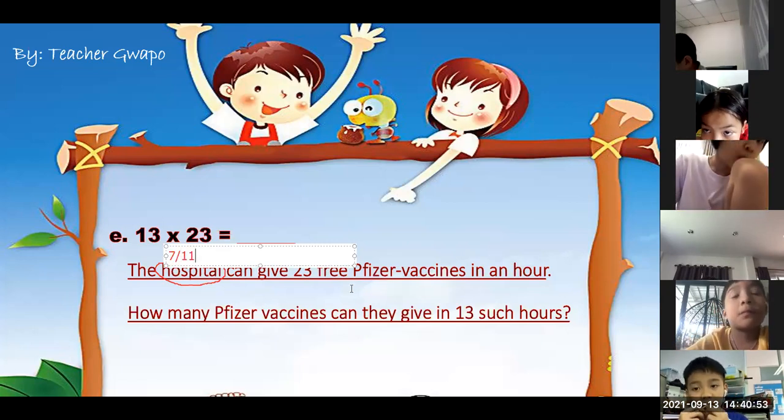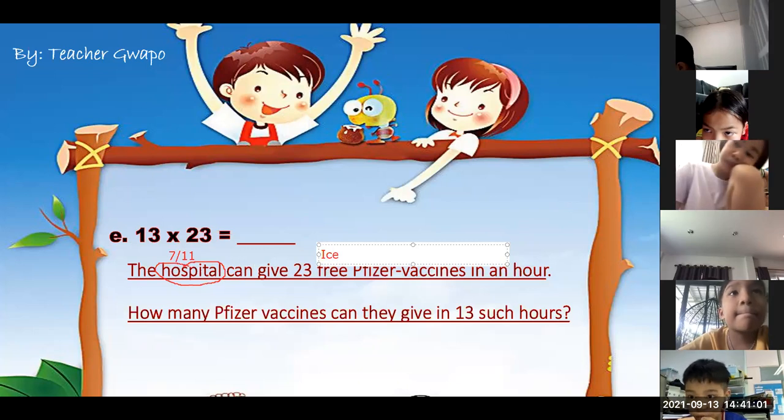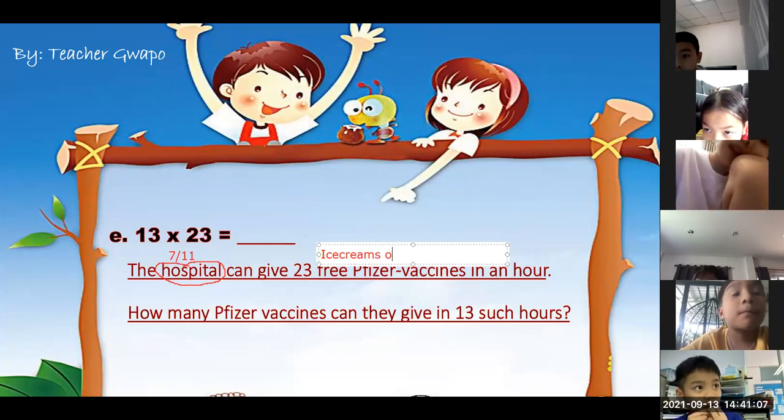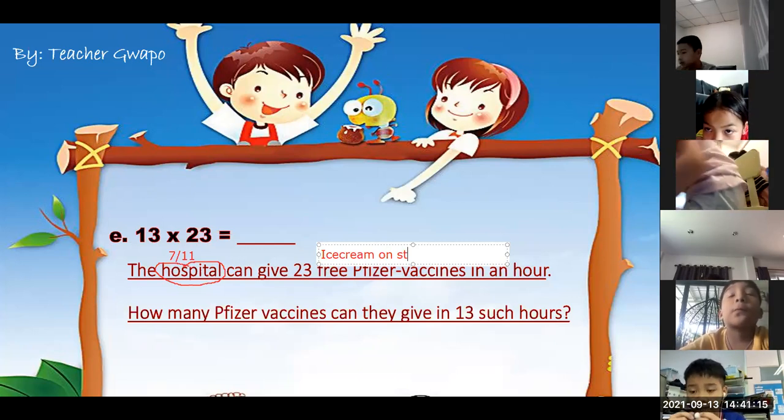7-Eleven can give 23 ice cream. Let's say ice cream on stick, or any food you want there. Let's say Yakult or ice cream on stick.